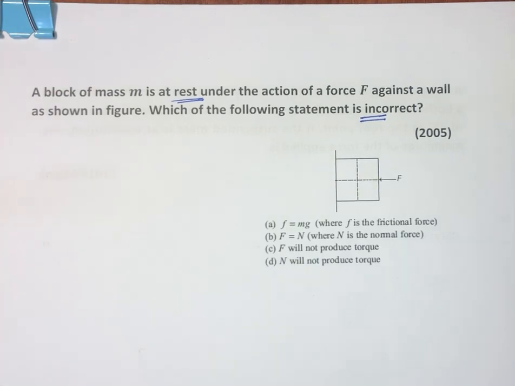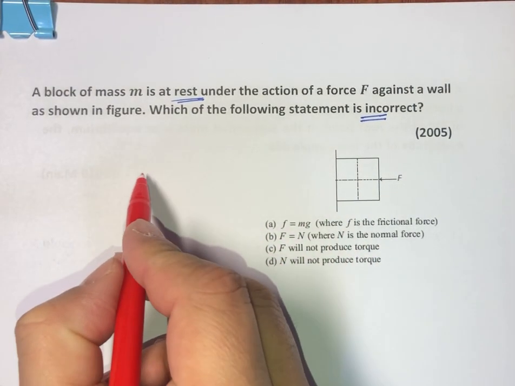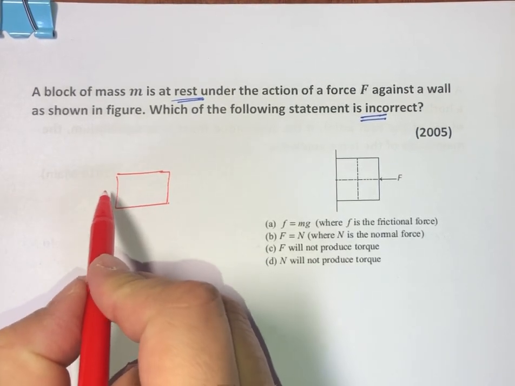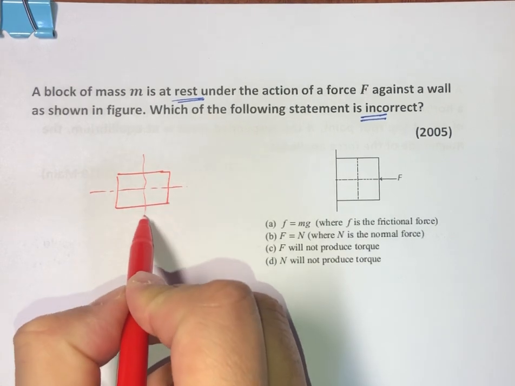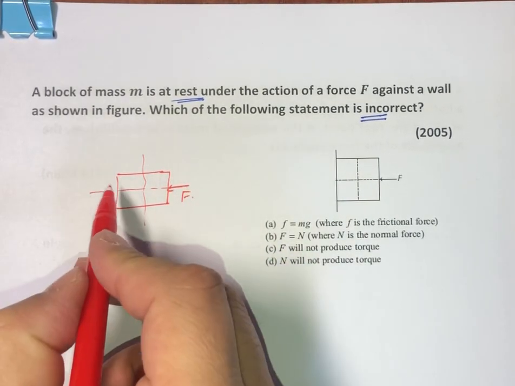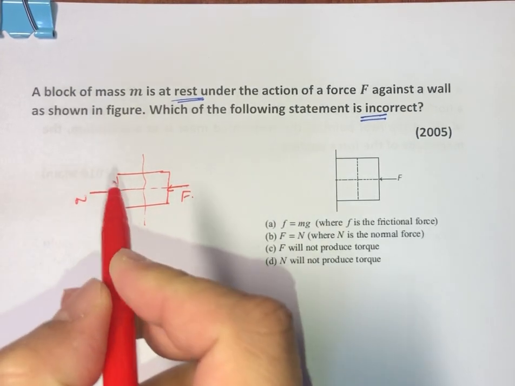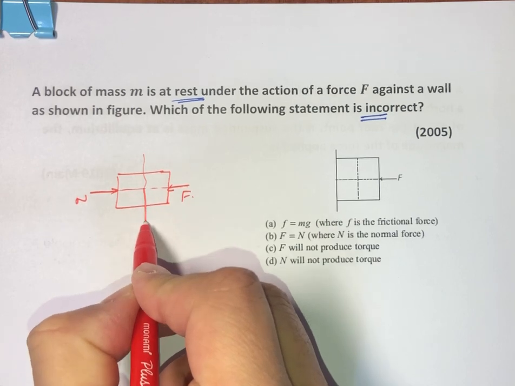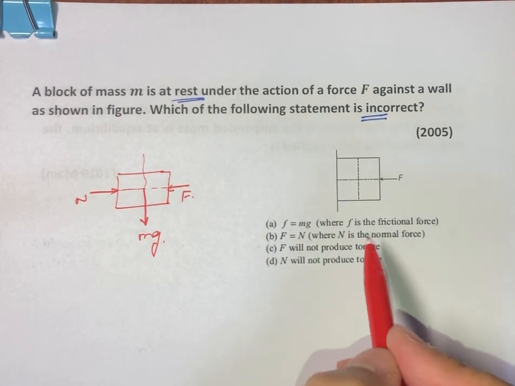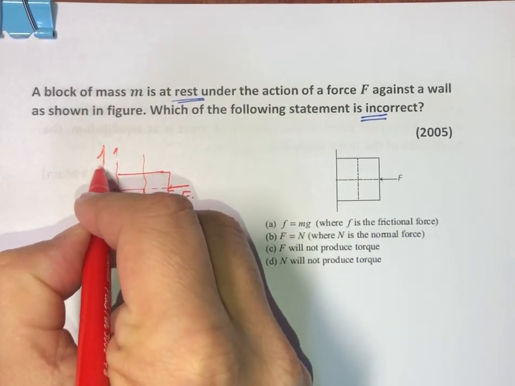So let us draw the free body diagram for the block. We have the applied force F. Because of that, there will be a normal N, and in the downward direction we are going to have mg, and there will be a frictional force f.